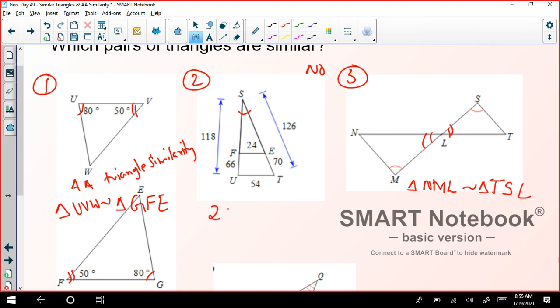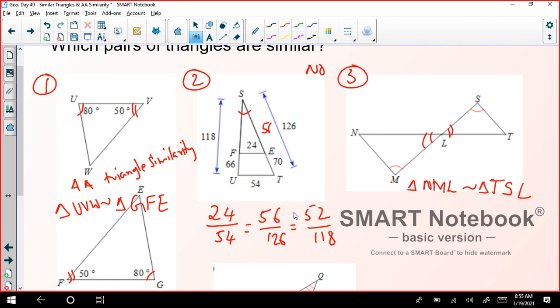If you check 24 over 54 will be equal to, SE is going to be 126 minus 70, which is going to be 56. So 56 over 126 will be equal to, same way you have 118 minus 66, which is 52. 52 over 118.